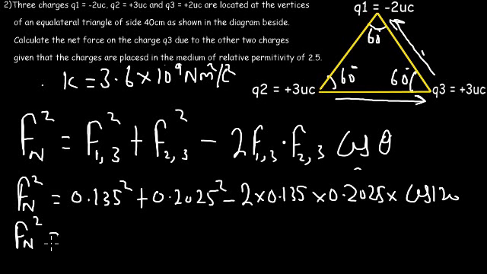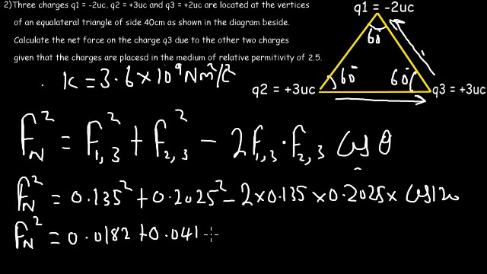f sub n squared will now be equal to 0.135 squared. That should be 0.0182, plus, what about 0.2025 squared? That's 0.041.